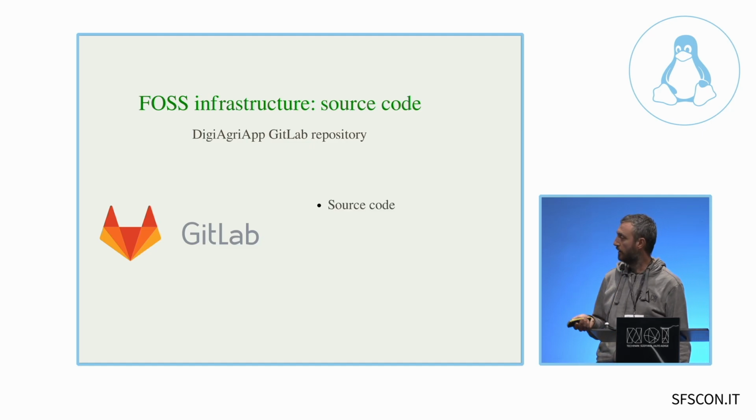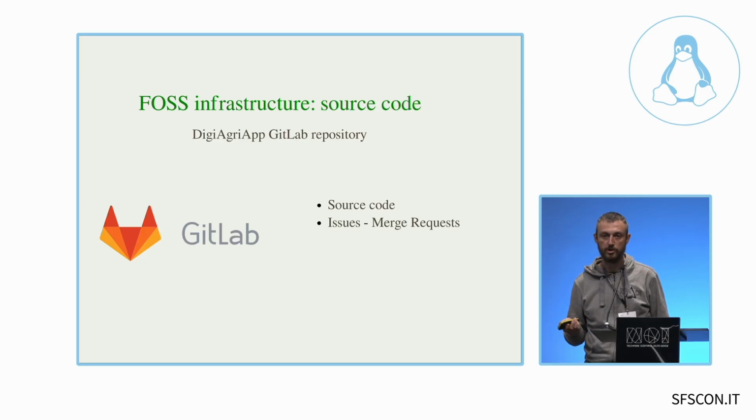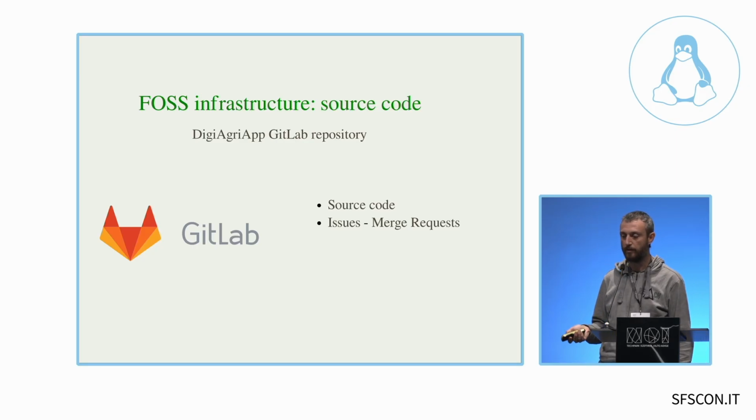Inside GitLab we have the source code itself. We use issues and merge requests from other people, not many, so now it's mainly a project inside our company, but we are trying to improve the user and especially the contributor base.